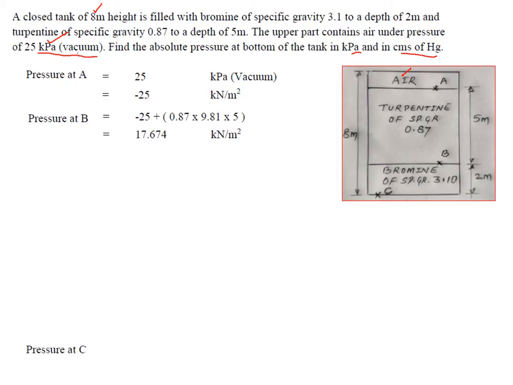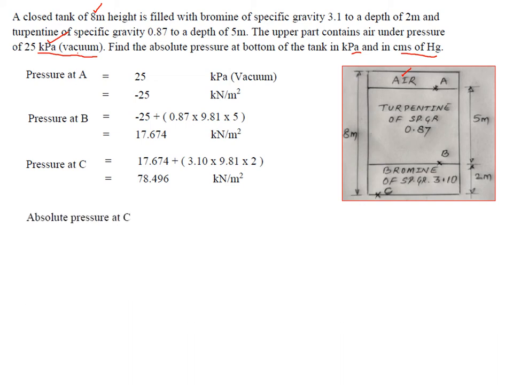Similarly, the pressure at C will be the pressure at B plus the specific weight of bromine, 3.1 into 9.81, and 2 is for the height. So the pressure at C is 78.496 kilonewton per meter square, which is also nothing but kilopascal. So what is the absolute pressure now?